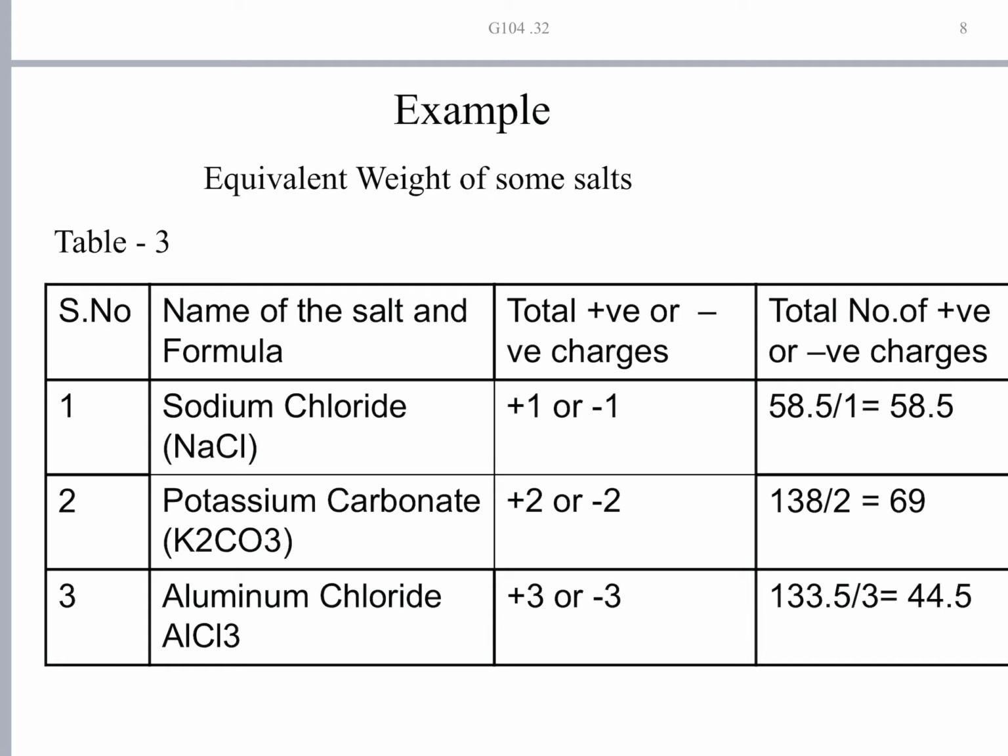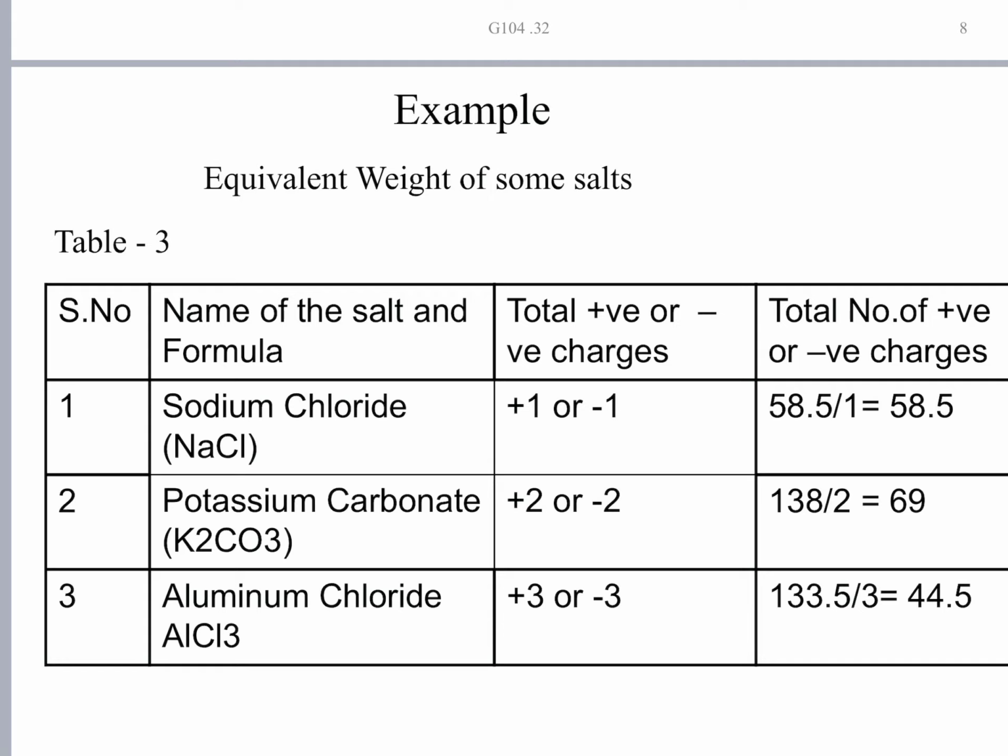So you can safely take 2. Here the gram equivalent weight of potassium carbonate is gram molecular weight by positive or negative charge, either of them, that is 138 by 2, that comes to 69.